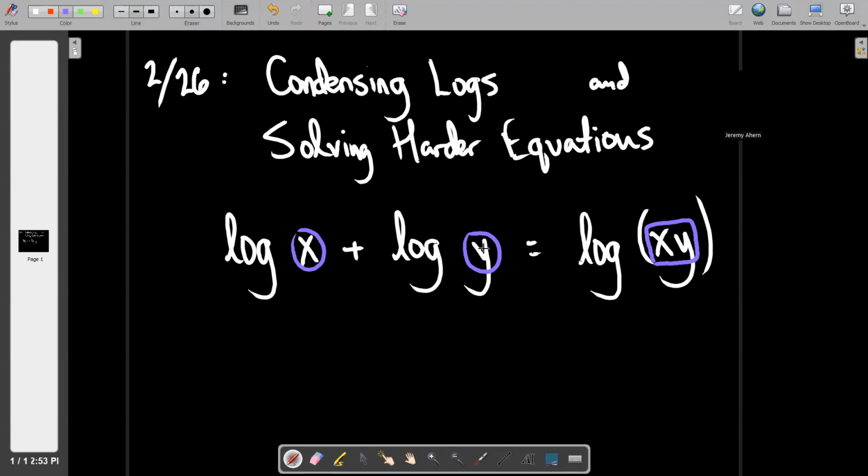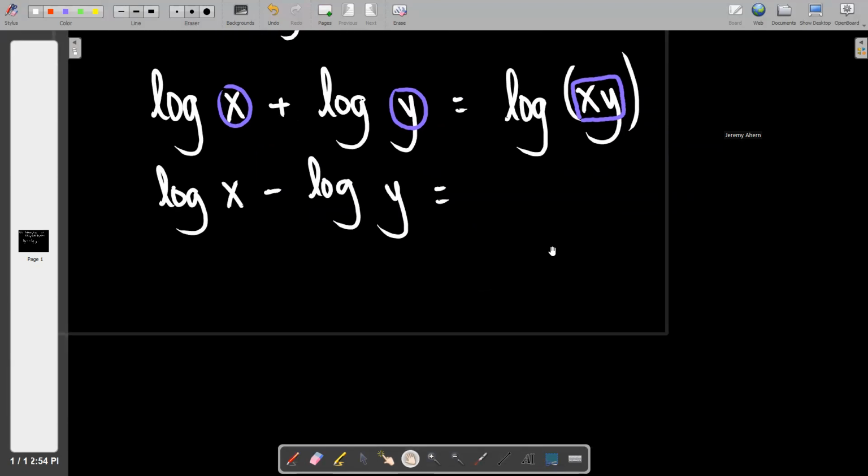Easy. And as you might guess, if we change it up a little bit and turn that addition sign into a subtraction sign, you can also condense two logarithms that are being subtracted from each other. What do you think this one is? Try to make a connection here.